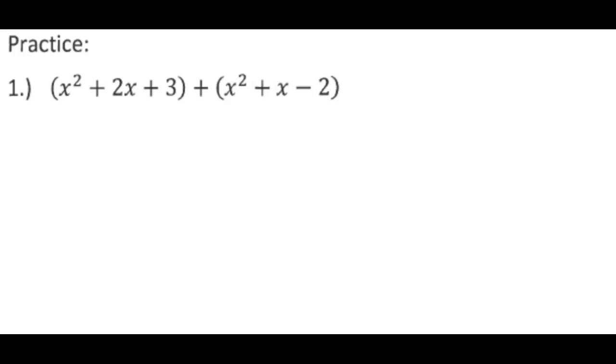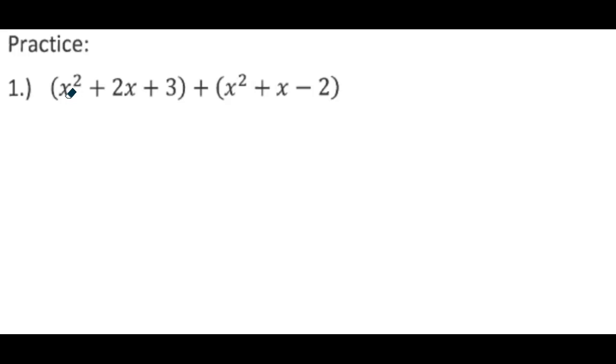The sign in front of it goes with that, so this is a positive 2x, this is a positive 3, this is a positive x, this is a negative 2, positive x squared, okay? Remember to put your imaginary ones in when you're adding, and remember to add only your coefficients, only the numbers in front.